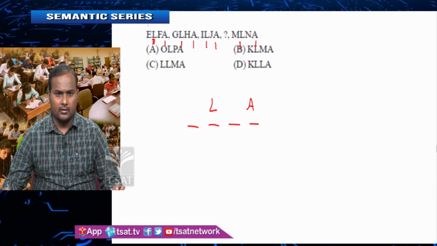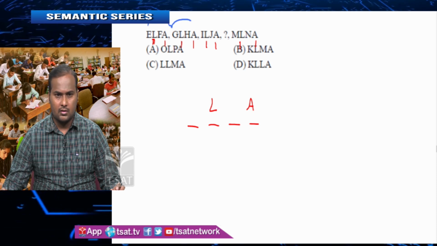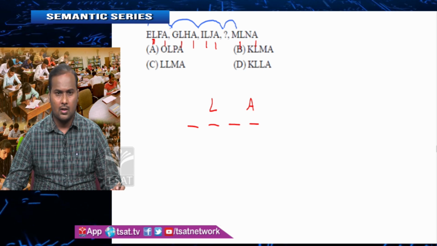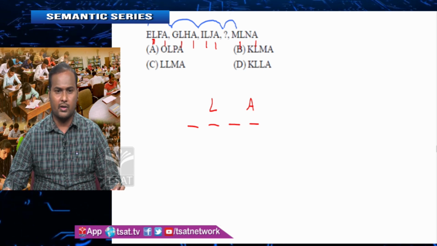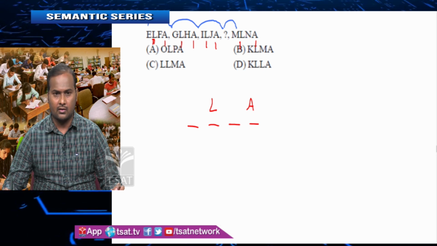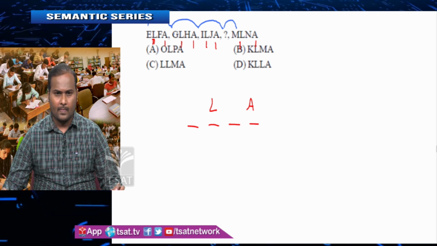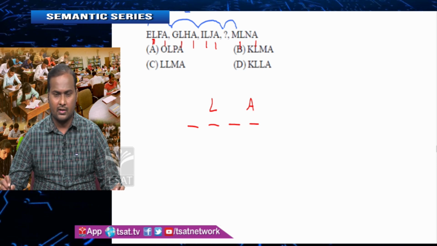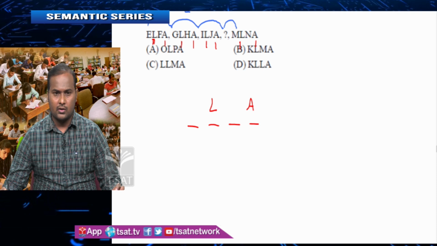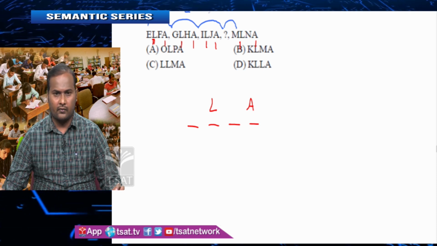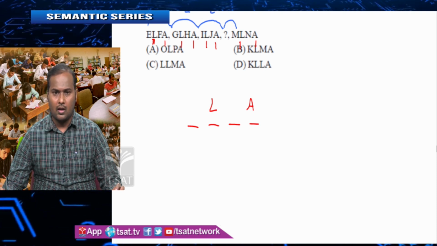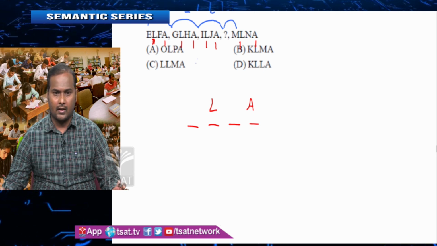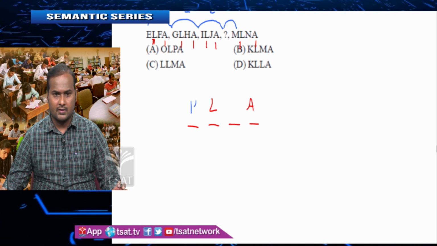If you see here E, E to G, G to I, next one, and M, right? So E to G, E is 5, G is 7, so increasing by 2. Next one is G to I. G is 7, I is 9, here also increasing by 2. So increased by 2, increased by 2. Obviously here also it will increase by 2. I is 9, 9 plus 2 is 11, 11 is K. So obviously you will get the answer here is K.